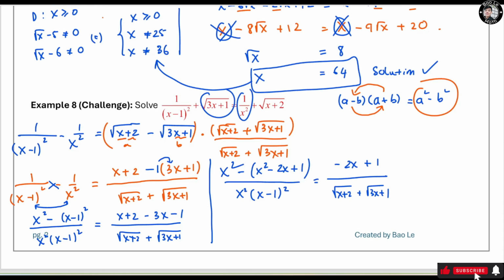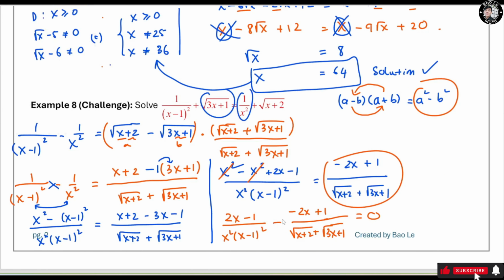Now I'm going to simplify the numerator right here. So distribute negative 1, it turns out to be negative s squared plus 2s minus 1, right? Now this guy cancels out, right? Now I'm going to subtract this guy from both sides. Alright, now I'm going to distribute negative 1 over here, right?